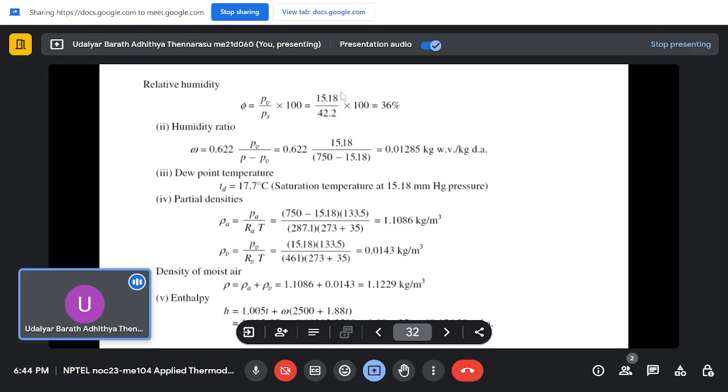So using that we can find out PV, which will come out to be 15.818. So using PV, we can find out humidity ratio. So humidity ratio is 0.622 PV by P minus PV. So substituting PV, we can find out specific humidity ratio as 0.01285.